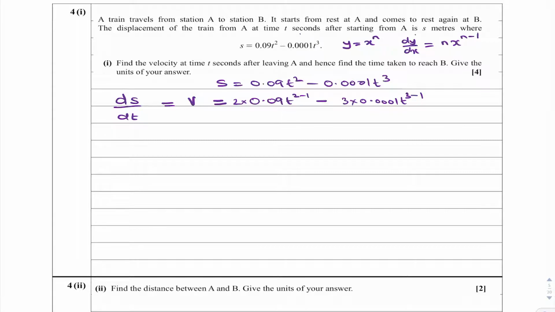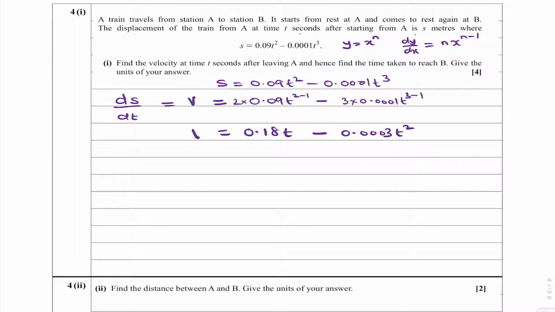So in this case, what do I get? I get 0.18 t, because 2 minus 1 is 1, minus 0.0003 t squared.